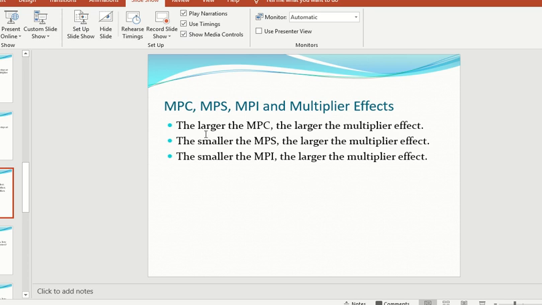What that means is the smaller the marginal propensity to save, the larger the multiplier effect. And the smaller the marginal propensity to import, the larger the multiplier effect. So that's what we have observed so far.